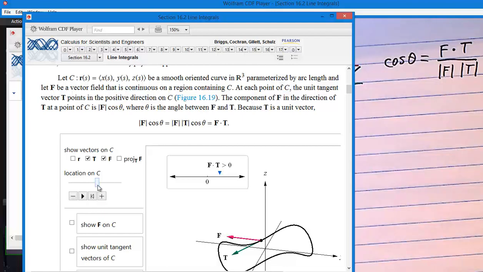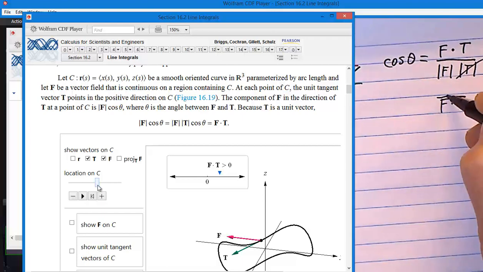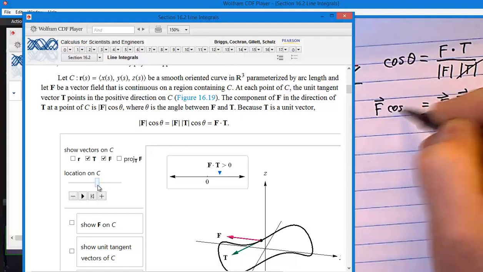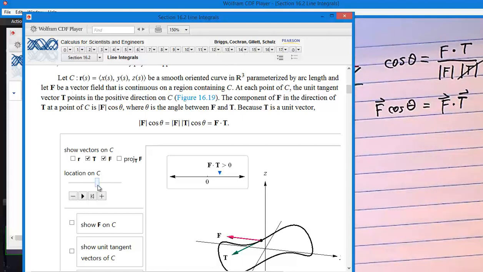So that means that we can just whoop that out, and we can say that F dot T is another way of writing F cosine theta. And that's the equation that they're writing there.